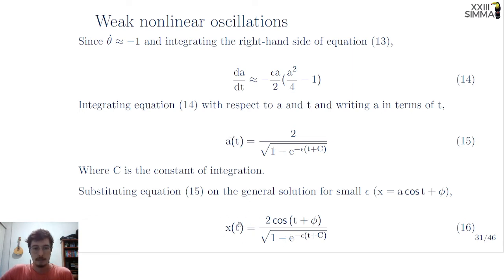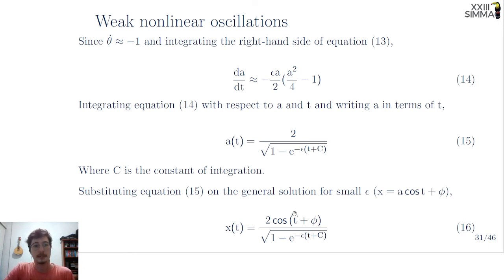Then we substitute in the general solution for small values of epsilon, where c is a constant of integration, and we see that for positive epsilon, as time approaches infinity, this denominator tends to 1. So the amplitude of this oscillation in the steady state tends to 2.